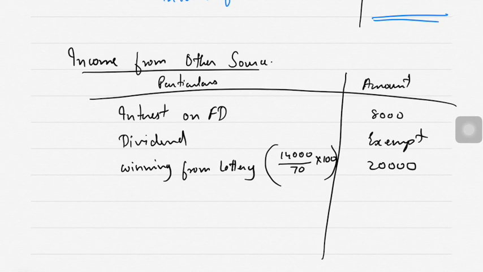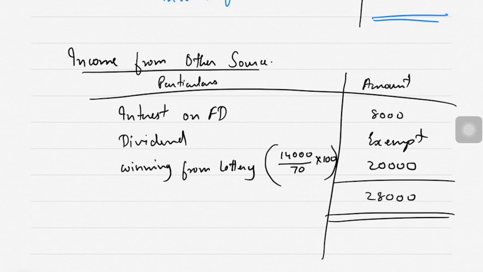So this comes to 20,000. So your actual lottery ticket was for 20,000. You have actually won 20,000, but they deduct 30% TDS and give 14,000 to you. Okay, but when you calculate income from other source, your actual income is 20,000 because 30% was TDS. All right. So your income from other source would be 28,000.